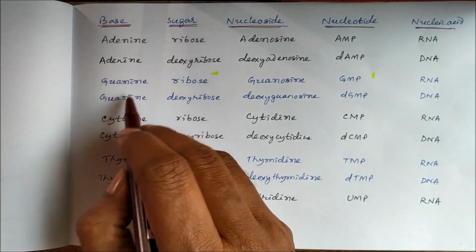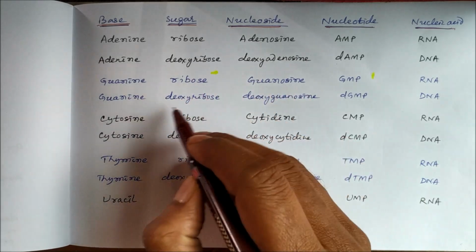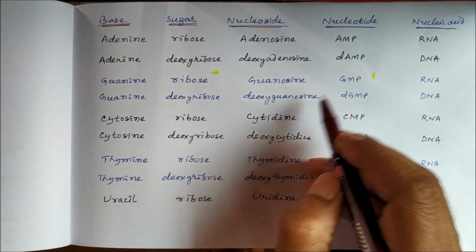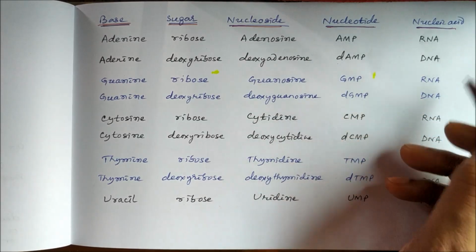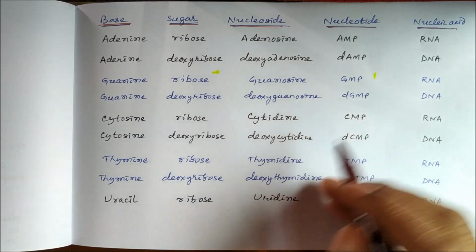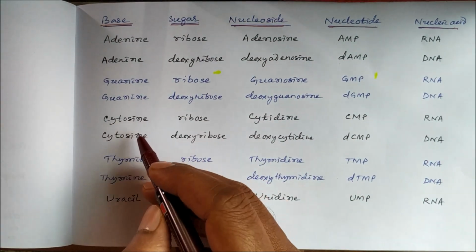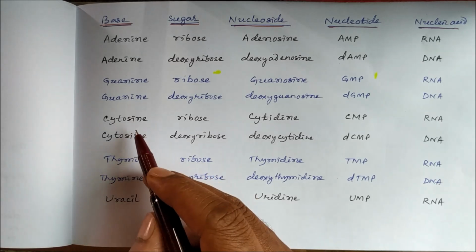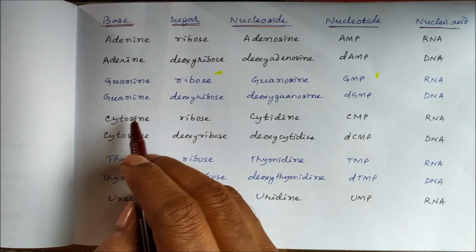Similarly, for guanine the same type of nomenclature applies. For ribose, guanosine, and for deoxyribose, deoxyguanosine, and accordingly the nucleotides, the monophosphates, are part of the corresponding nucleic acids. But the nomenclature differs for the pyrimidine bases. For example, cytosine is the base.